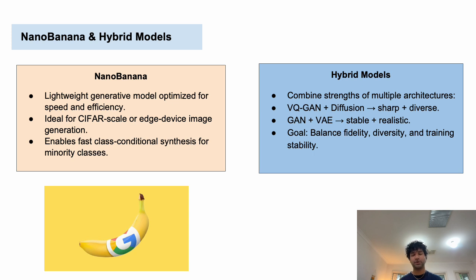I would be using this as a benchmark to generate images, and then compare my generated images along with the Nano Banana generated images. Optionally, there are also hybrid models combining GANs and VAEs, but these would be extremely difficult to implement, but these are options to at least be researched.